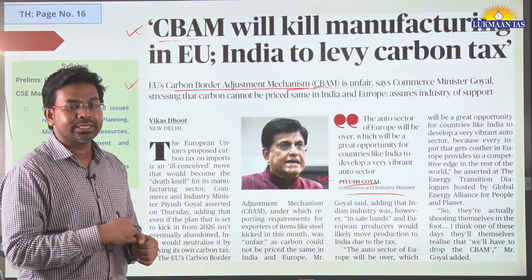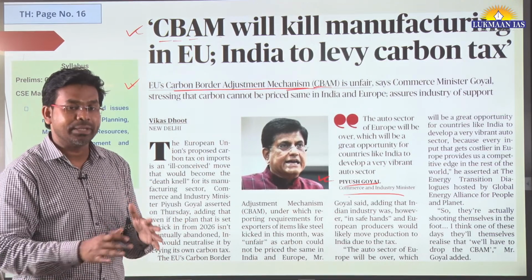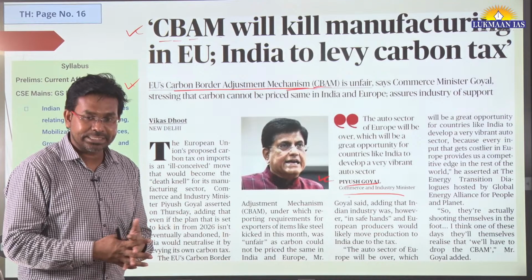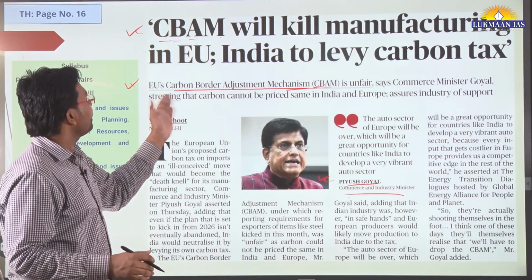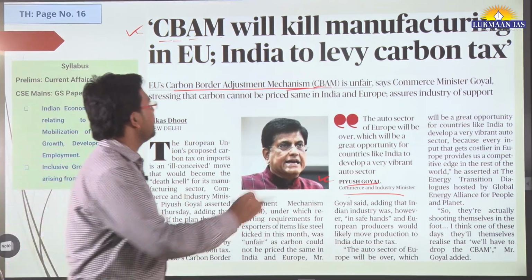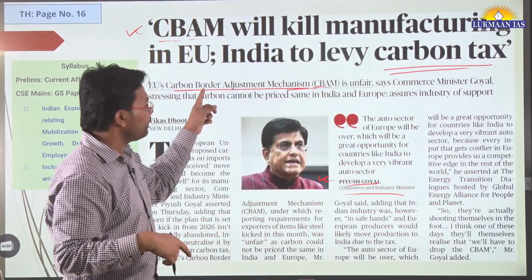Since India does not have those stringent mechanisms, the auto industry may flourish in India. So he has talked about how Indian industries may flourish, because we are not applying this kind of carbon border adjustment mechanism. Okay, but India may levy a carbon tax. So there is a difference here.